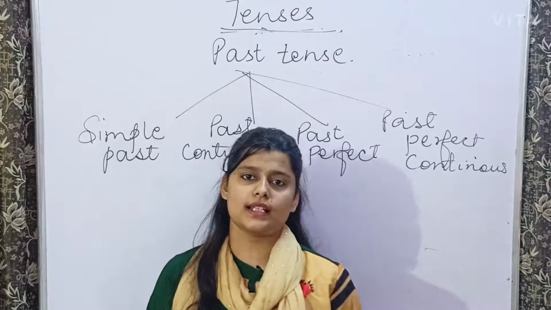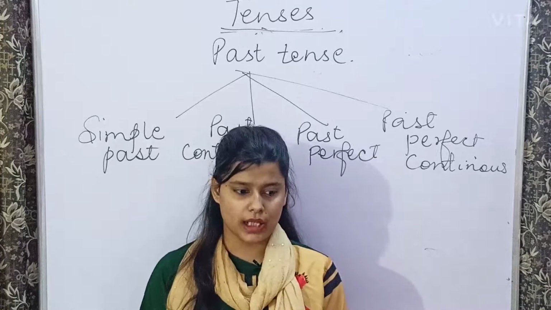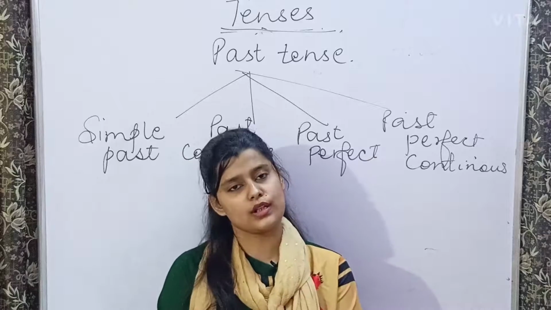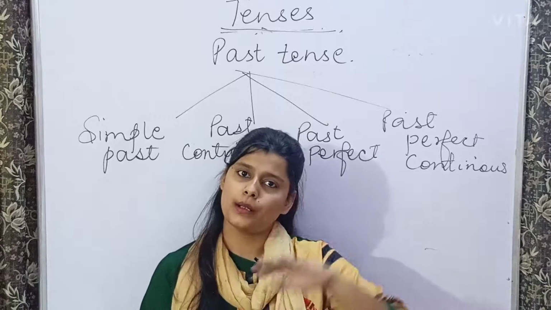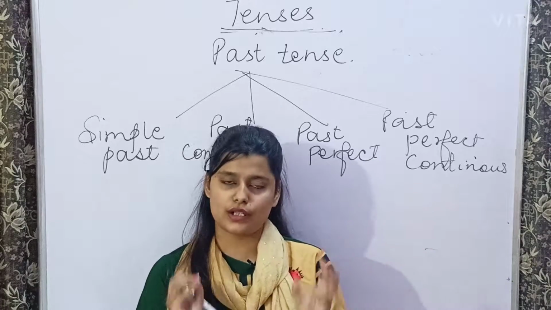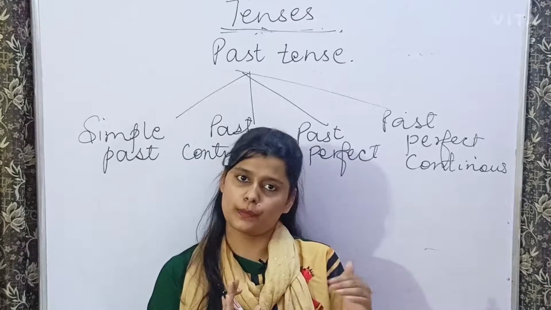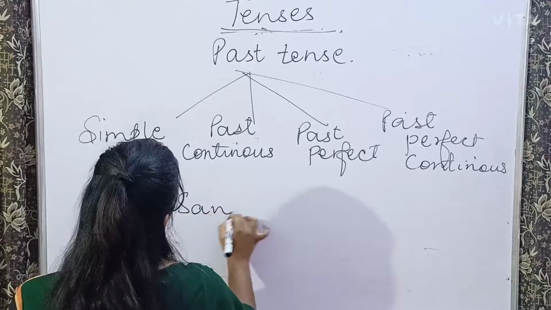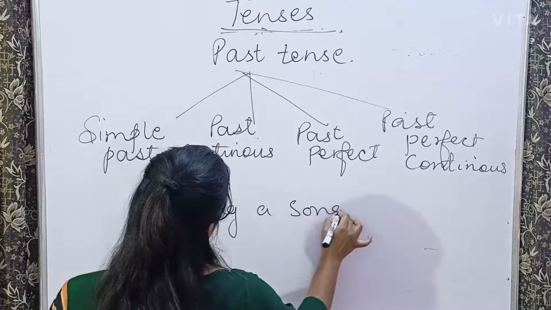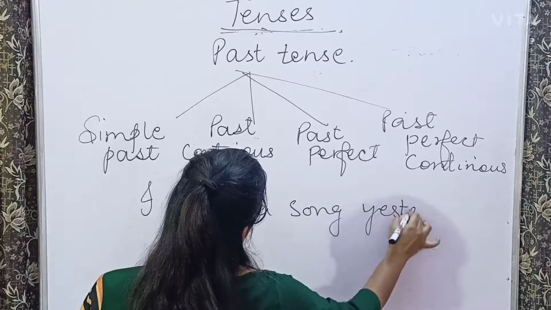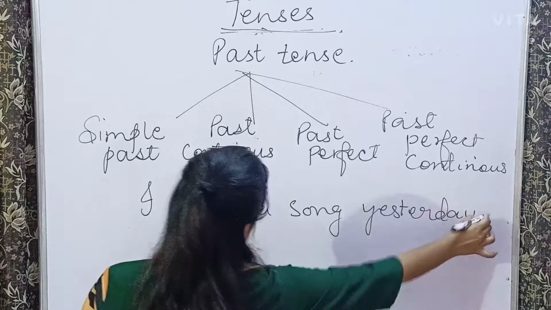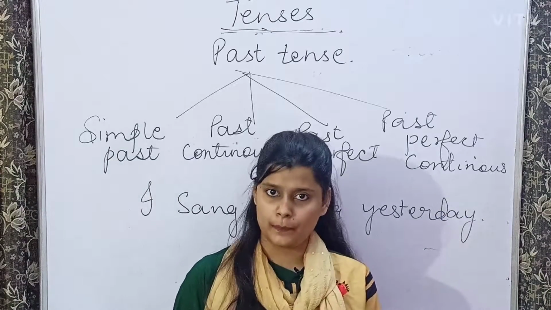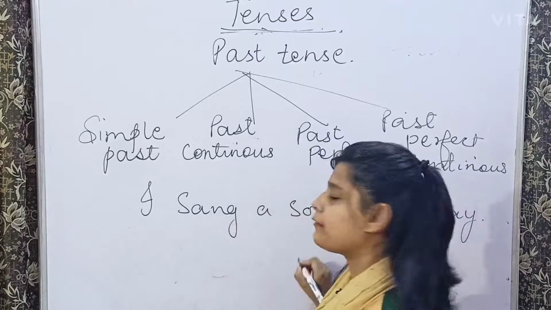Simple past sentences generally denote an action which has been finished. Okay, an action that has been finished previously. For example, if I say I sang a song yesterday, it means I sang that song in the past, and it is my finished action.